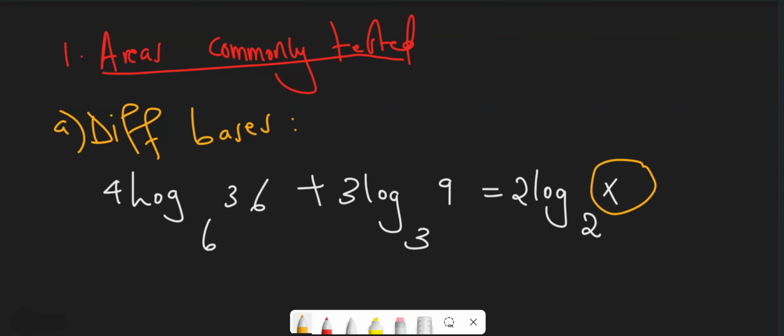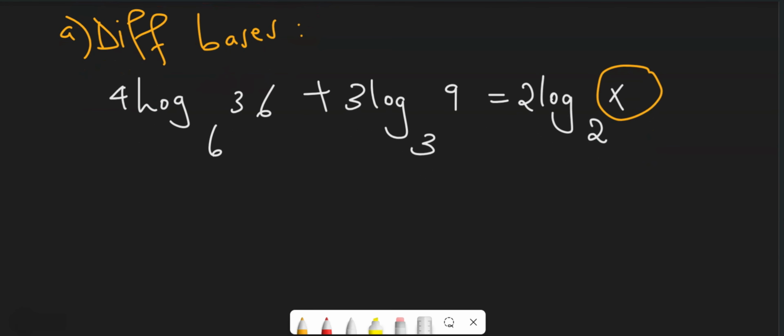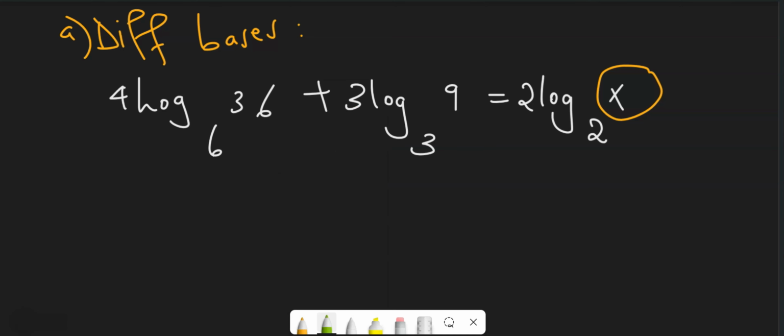So what do we do? So in this case, when you're given such a question, it's very simple. So the first thing you're supposed to ask yourself, what is that thing that puts all these parts, all these areas together? We have a base 6 here, we have a base 3 here, and we have a base 2 here.